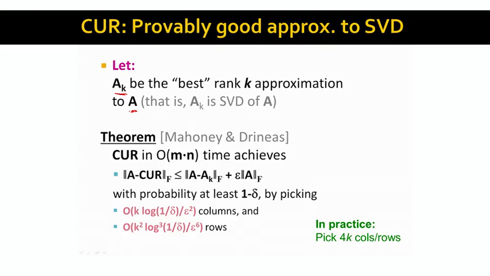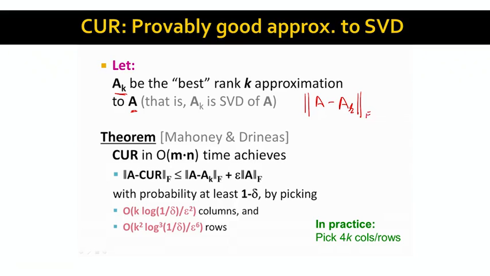We compute it using the SVD, which means we take the matrix A, do the singular value decomposition, take the first k largest singular values, set the rest to 0, and multiply the three matrices together, and we obtain A sub k. And when I say best, we already know what best means. Best means in terms of the Frobenius norm, which means that A minus A sub k in terms of Frobenius norm is as small as possible.